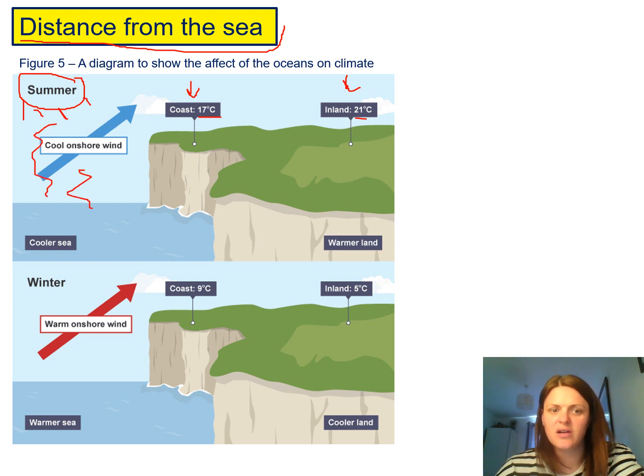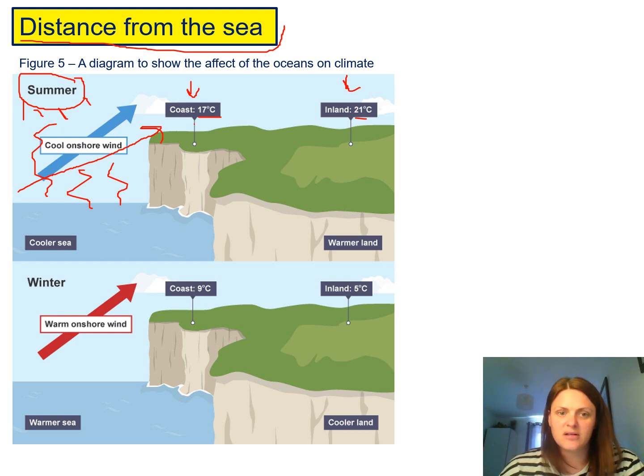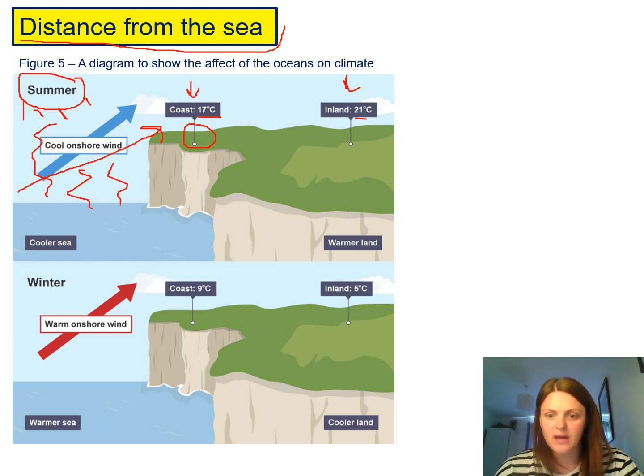But because it takes a longer time than the land to heat up, when the wind blows over the ocean towards the land, it's going to pick up cold air. It's going to cool down because it's going over the cool sea. So as it blows to the area just at the coast, it's going to bring with it a cooler breeze and therefore cooler temperatures. But as that breeze blows over the land, which is a lot warmer because it warms up quicker, it's going to blow warmer air inland, and therefore you're going to get warmer temperatures inland.